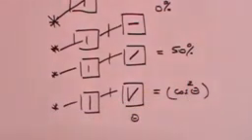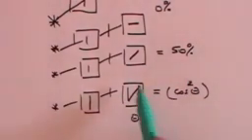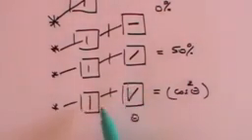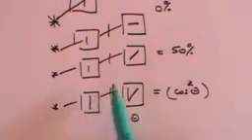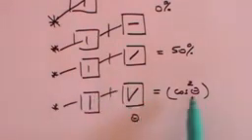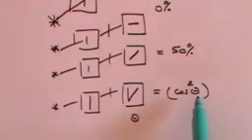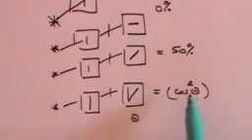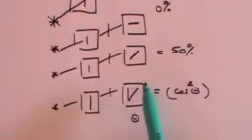In other words, when theta is naught, that is to say the polarizer is in exactly the same direction as the original polarizer and the polarized light, cosine of naught equals 1, cosine squared theta is 1, and 100% of the light comes through.